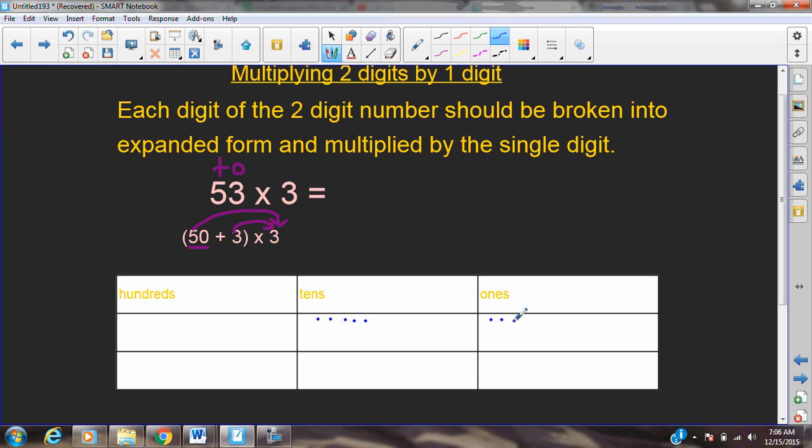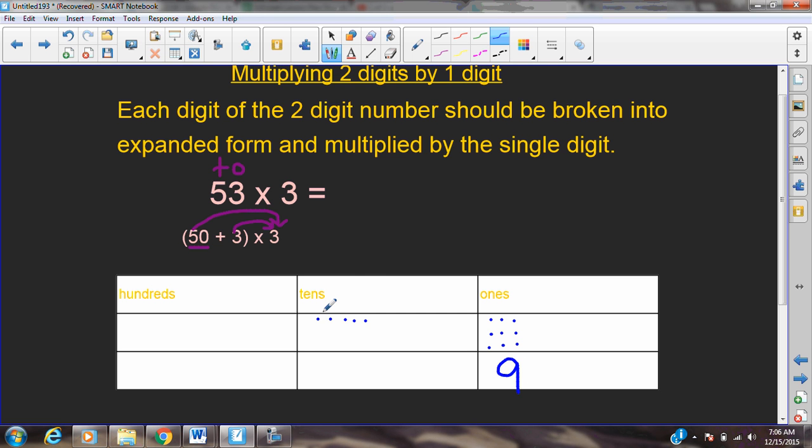Since multiplication is just repeated addition, adding a number over and over again, that is what I'm going to show, the multiplication of it. So 3 times 3 means I have to add 3 times. So here's 2 groups of 3 being added, and here's 3 groups of 3. So altogether, I have 9 ones.